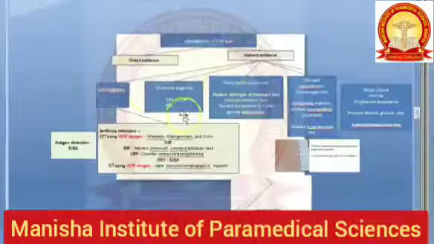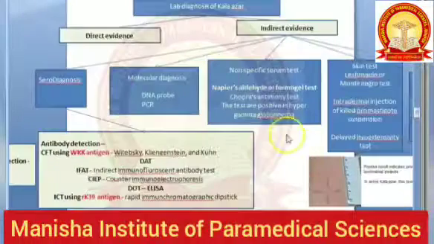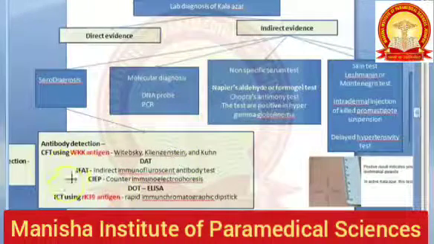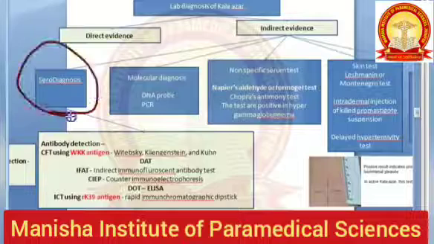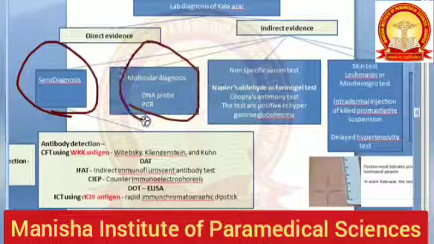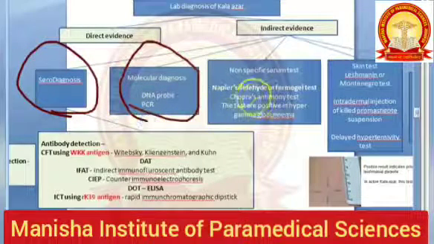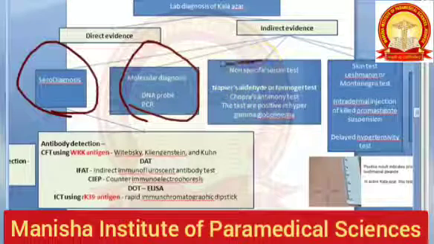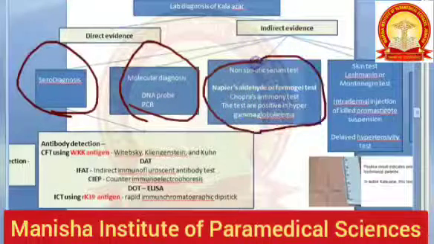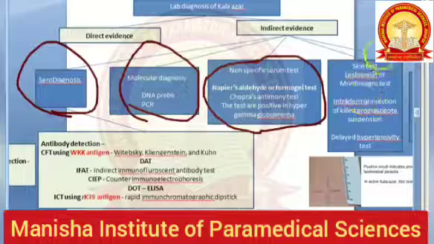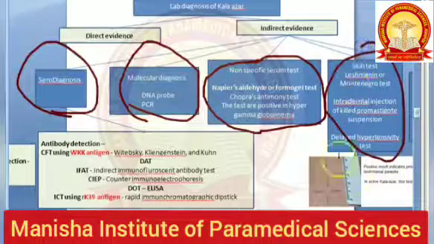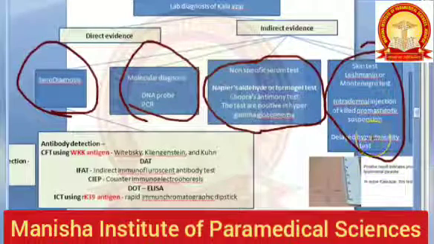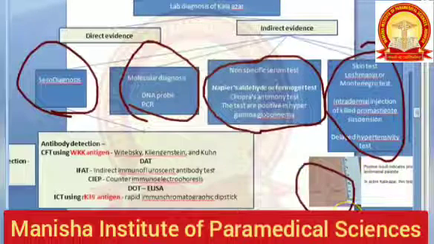In indirect evidence, typically you will not show the organism, but you will demonstrate the antigen or the antibodies against it. You will show that the particular DNA is present, and you will also do some serum tests. Then there is the skin test, which is basically a delayed hypersensitivity test, just like a Mantoux test or a Lepromin test.